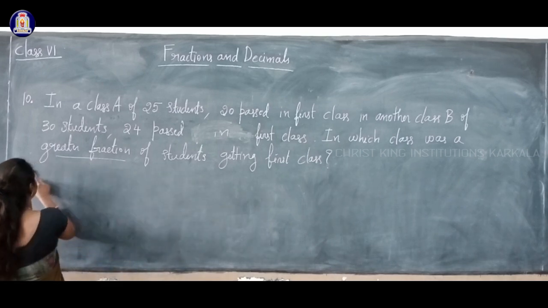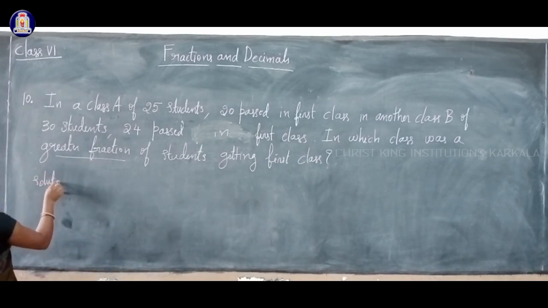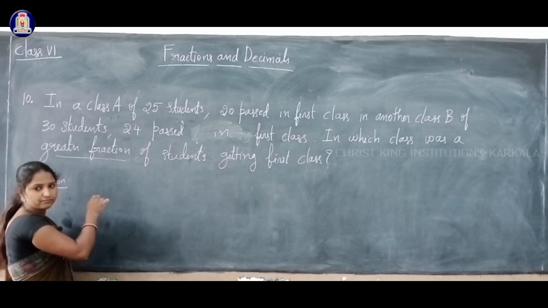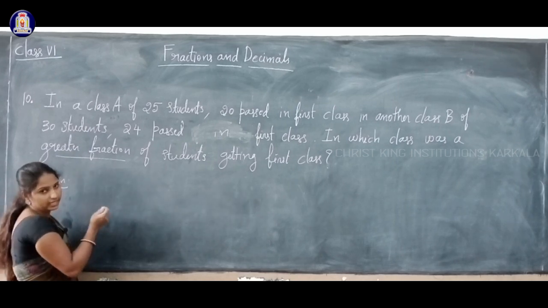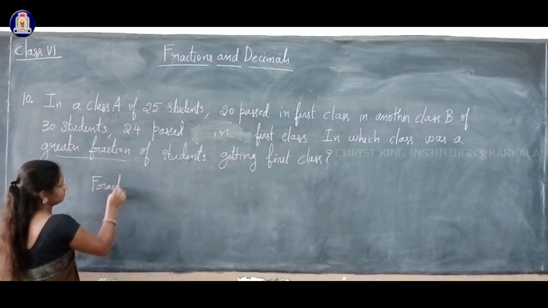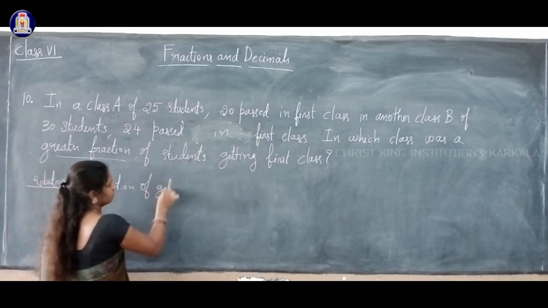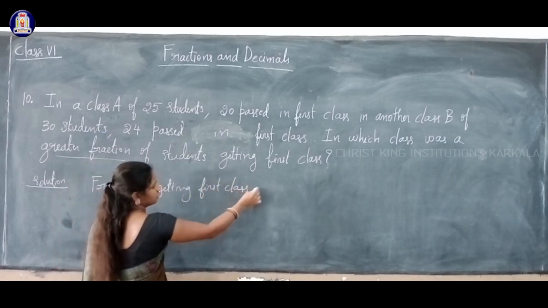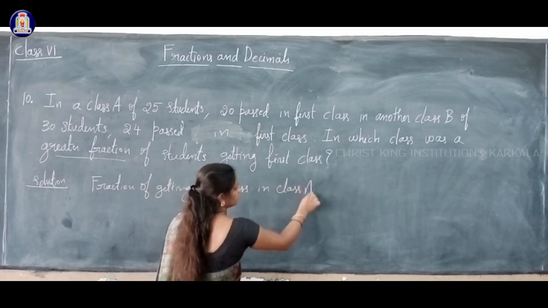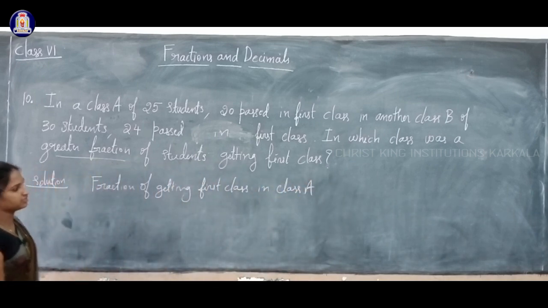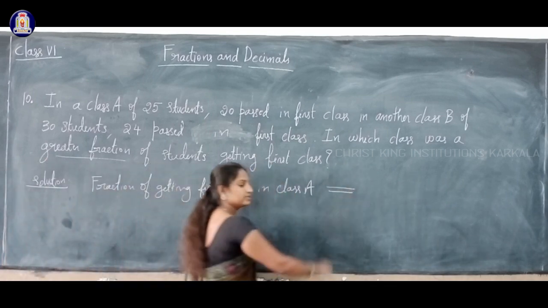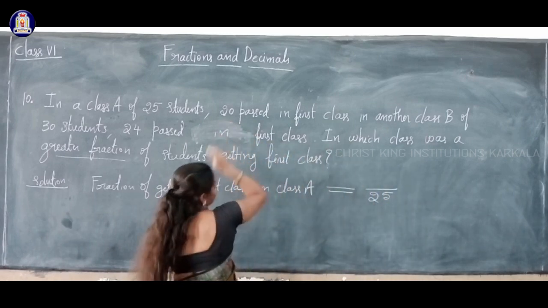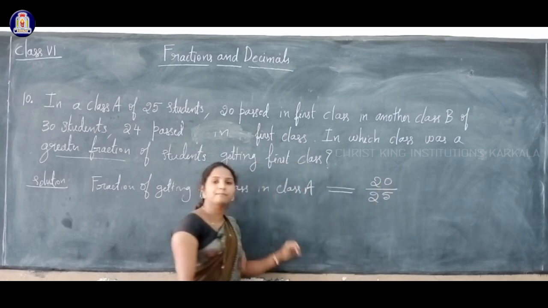If you want, you can write what is given in the question: fraction of getting first class in class A. There are 25 students in class A, and only 20 passed first class, so 20 by 25.